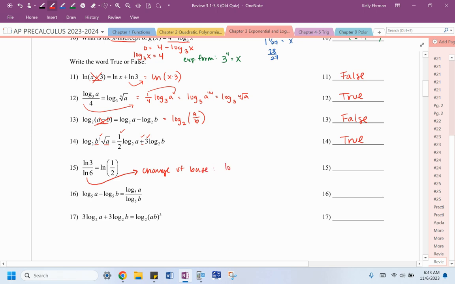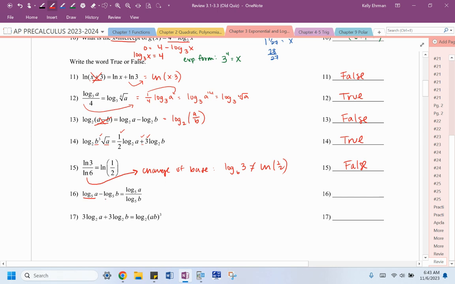That means log base 6 of 3, but that's still not equal to the natural log of 1/2. So you're not allowed to divide the natural logs like that. If there's division here, you're not allowed to say it's division inside of a natural log. So this is false.